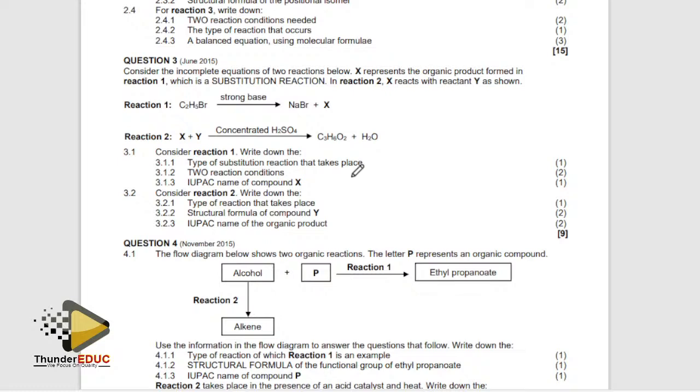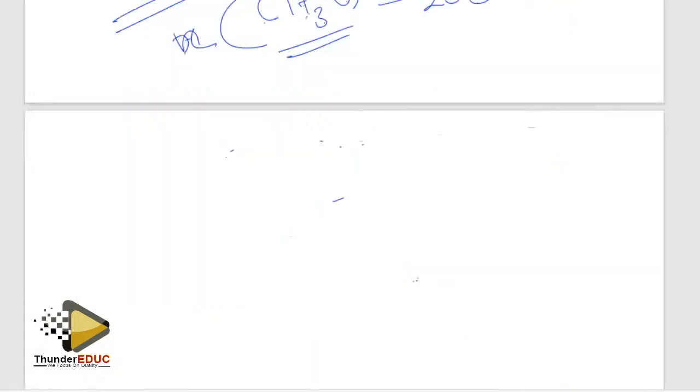You understand? And then when is water being lost? When do I use a strong base? When do I use an acid? Then you are done. Okay, you have what you call addition reaction. You have what you call elimination reaction. You have what you call substitution reaction. So all this you have to know when and how to apply them.